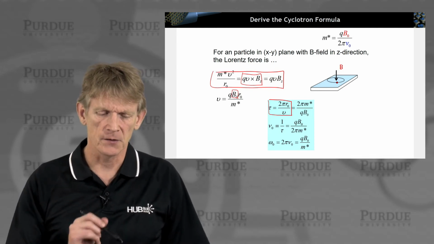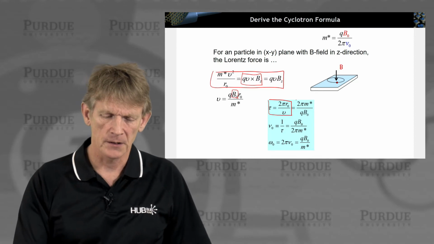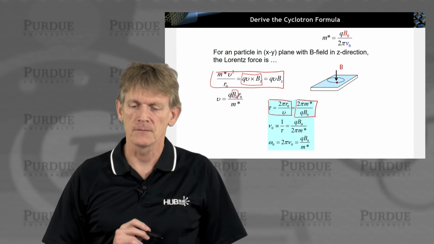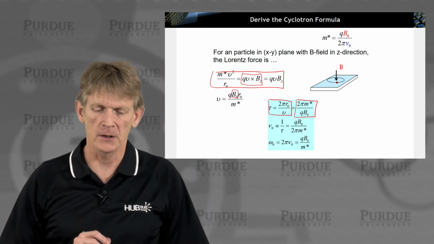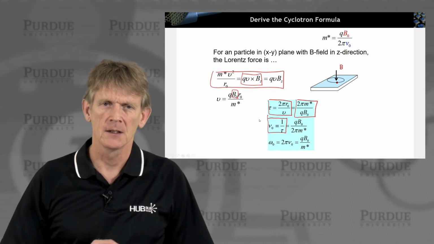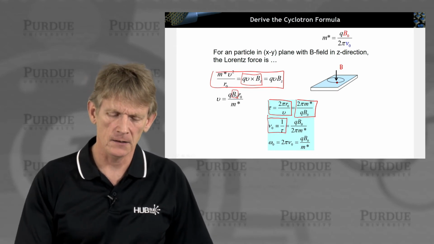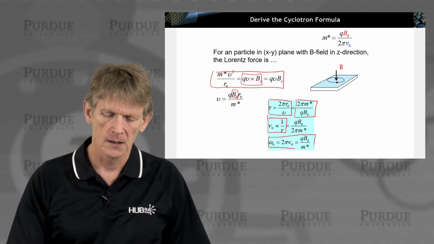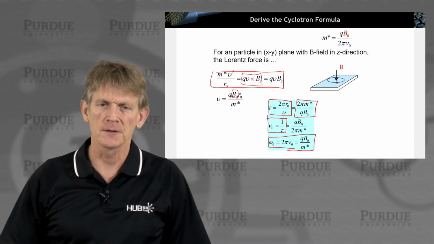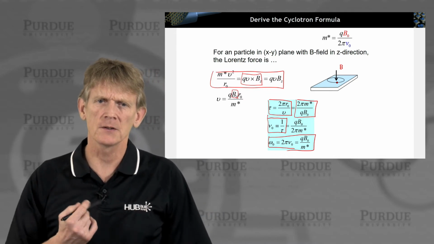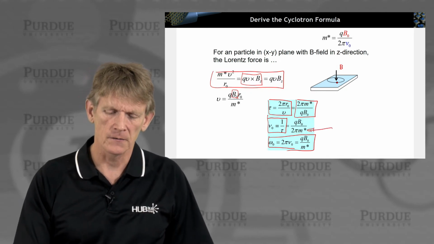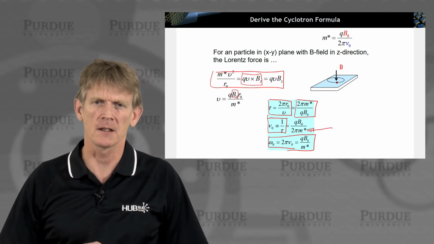We plug in the expression for the velocity, and we lose the r. The r falls out of the expression, and with 1 over tau, we have the frequency at which the electron oscillates, and then we also have the angular frequency like this. So if we measure the frequency at which the electron zooms around in a circle, we can effectively measure the effective mass of the electron, given that we know the magnetic field.